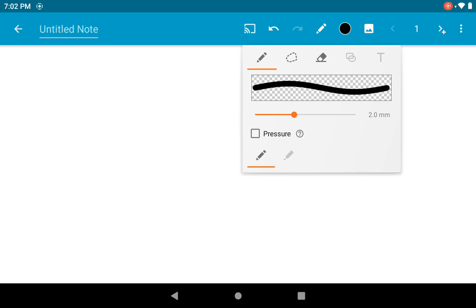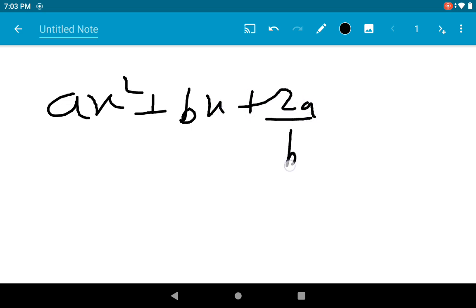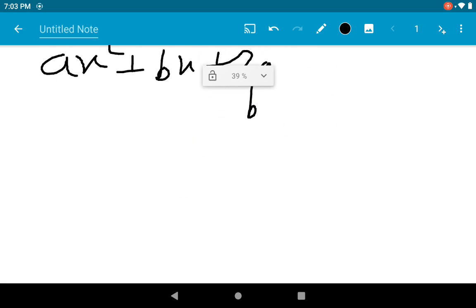If the zeros of the polynomial ax square plus bx plus 2a by b are reciprocals of each other. So we have a polynomial ax square plus bx plus 2a by b, and we know that its zeros are of the form alpha and 1 by alpha because they're reciprocals of each other.